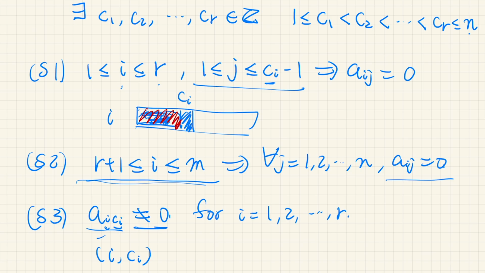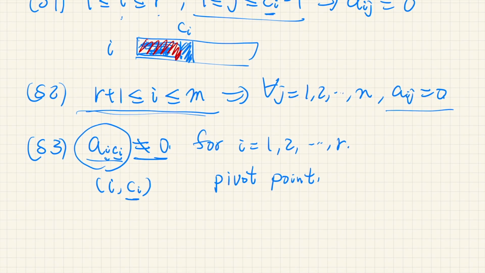And this special element, a_i c_i, is called a pivot or pivot point of the echelon form. And the column c_i is called the pivot column.